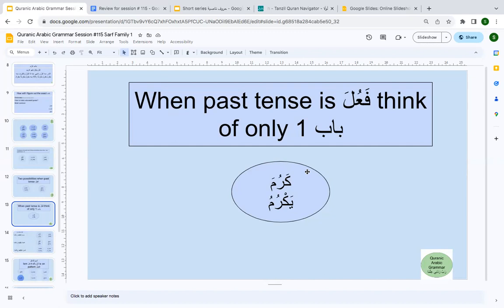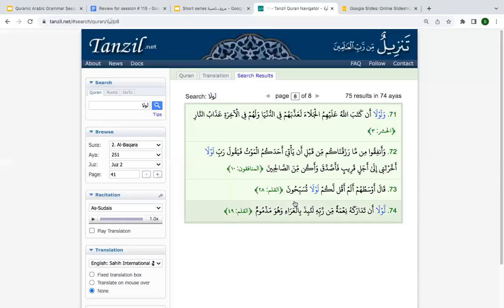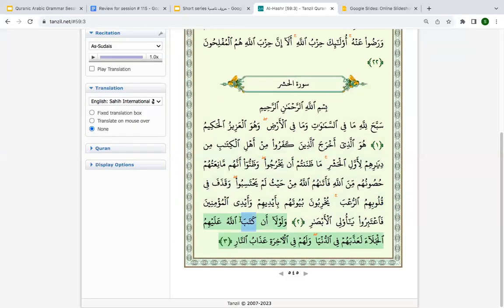So, Ranas, if I give you a word from Quran: kataba. What do you think when you see the word kataba? Is it madin or mudari? Don't worry about anything at this point. It is past tense.